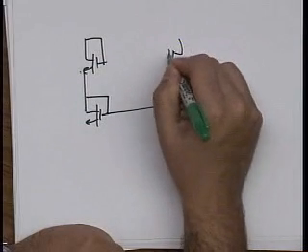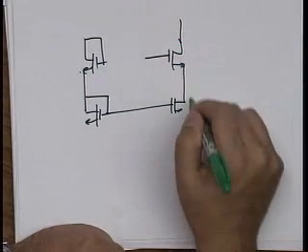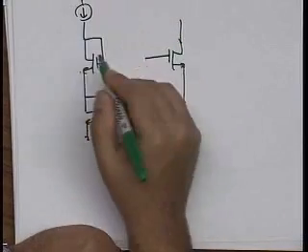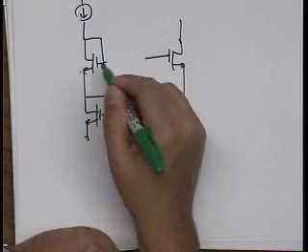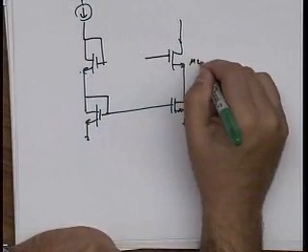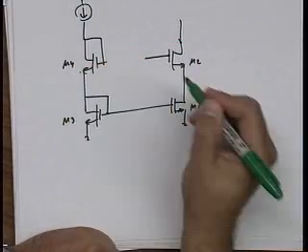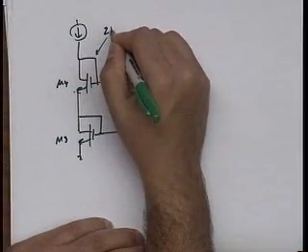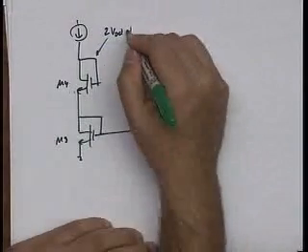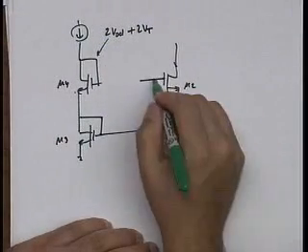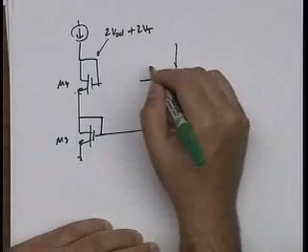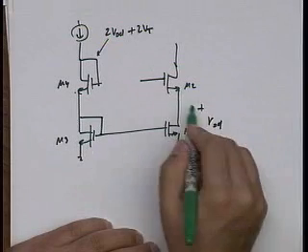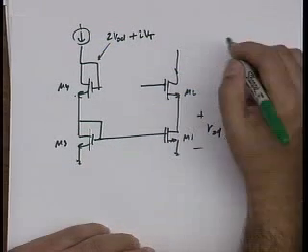So the simplest way to do this is just come back and observe that on the reference path I have 1 VGS plus 2 VGS. Let's call this M1, M2, M3, M4. So this voltage here is 2 times the overdrive voltage of these guys plus 2 VT. Over here, what I'd like is this transistor to have roughly an overdrive voltage on it. And so an overdrive plus a VGS, right?